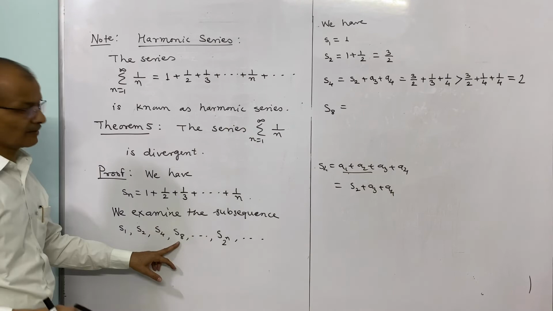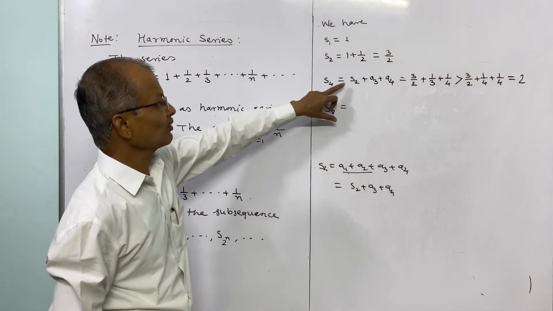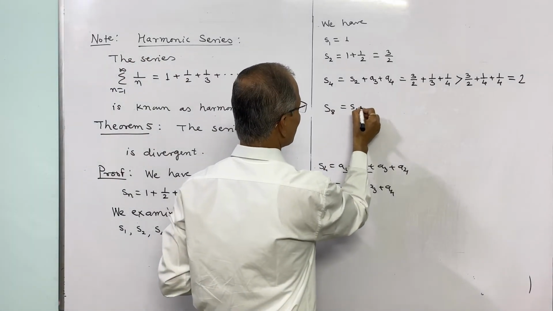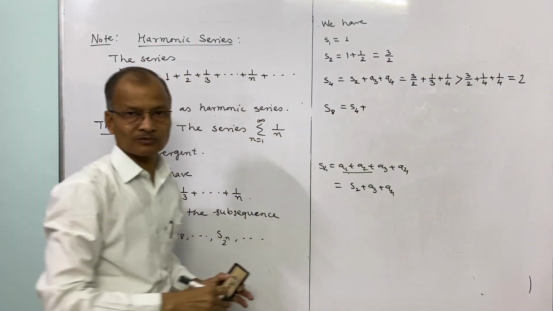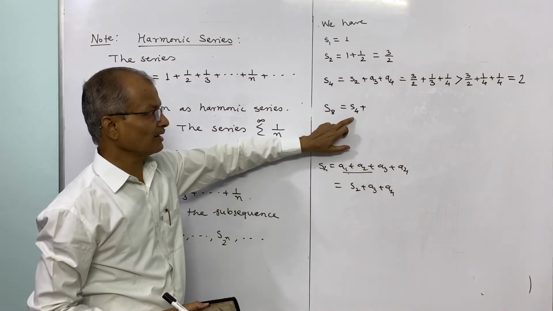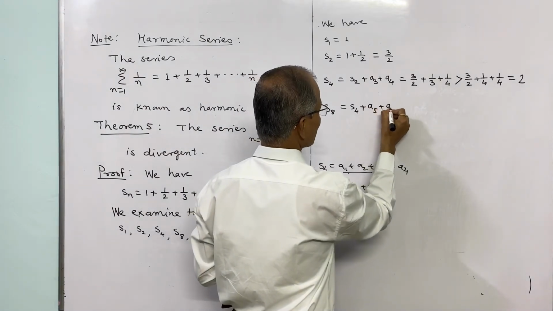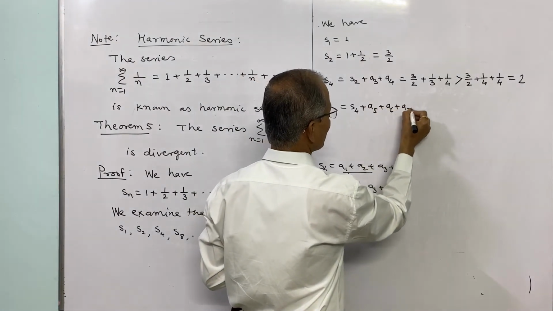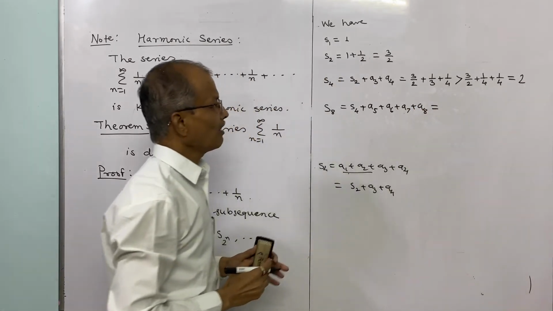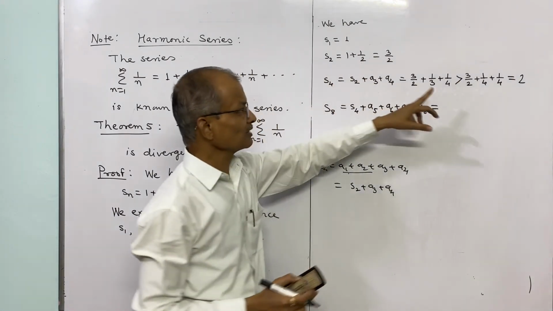Next is S8. S8 we shall write in terms of S4, as we have written S4 in terms of S2. So I shall write S4, and the remaining terms will be from A5. First 4 terms are added here. Now the remaining terms we should write separately: A5 plus A6 plus A7 plus A8. And we should use the relation that S4 is greater than 2.